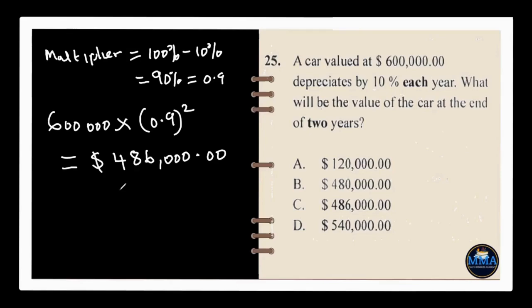Probably they'll depreciate year 1, subtract 10% of 600 from 600, so you get a reduced amount. They proceed to year 2, take 10% off from that amount that's already reduced. That will bring us to 486,000.00. So that's also another method.